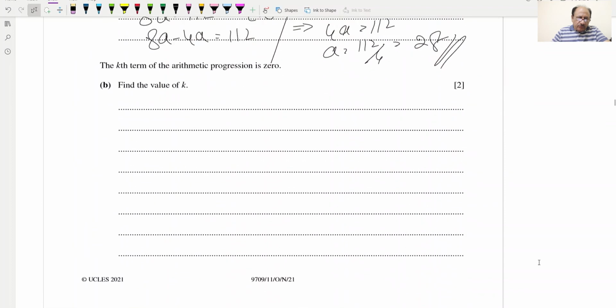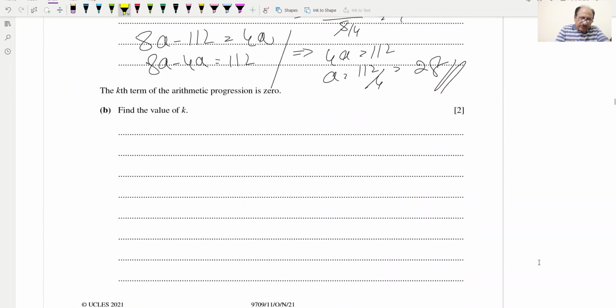Now we can move to the next B part. The kth term of the arithmetic progression is 0. Find the value of k. So the kth term of the arithmetic sequence. The arithmetic nth term formula is a plus n minus 1 into d.